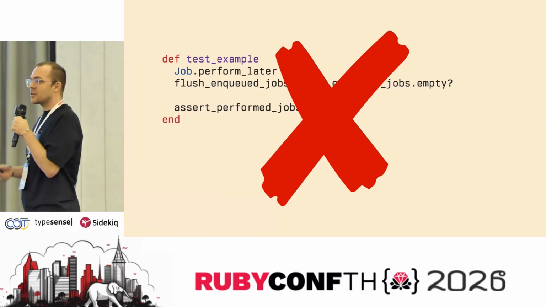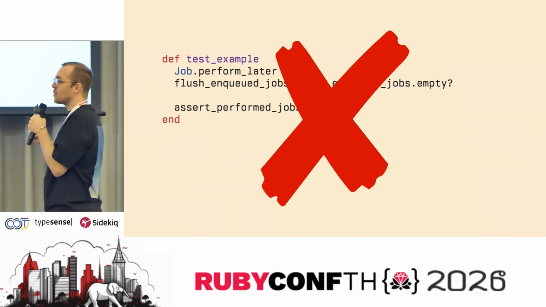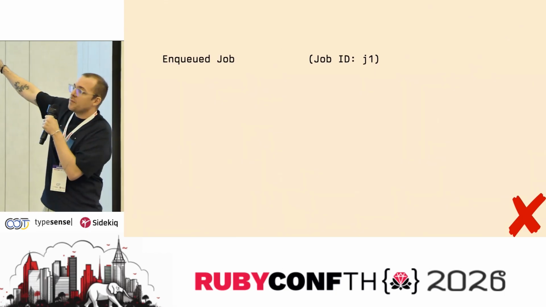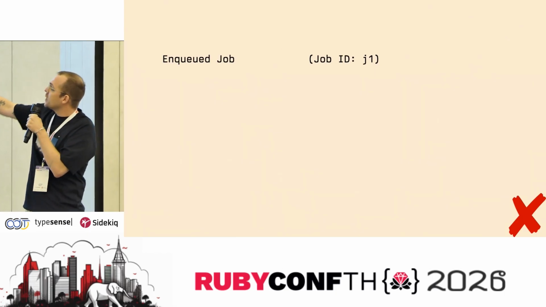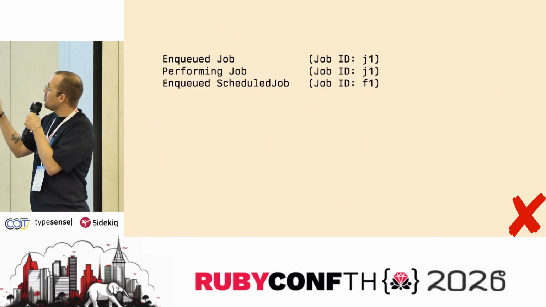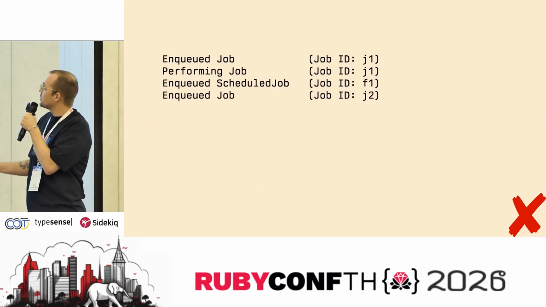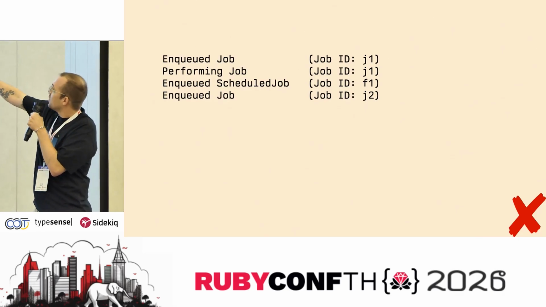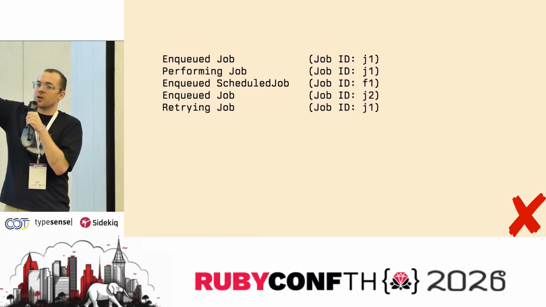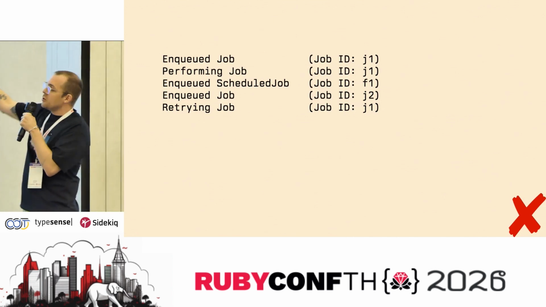Let's go back to our logs and see what's going to be the case. What we're going to see here is that our first job gets enqueued. We start performing it. We then enqueue our scheduled job. It's enqueued now. So F1 here is the future job. J2 is our retry.